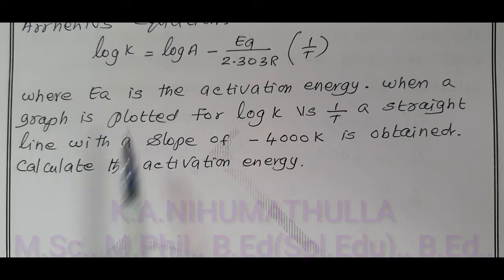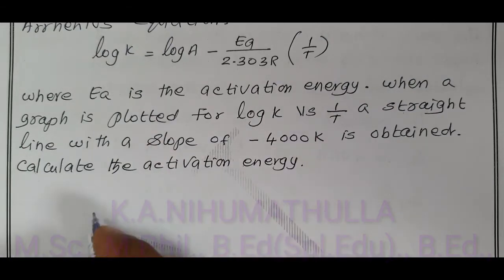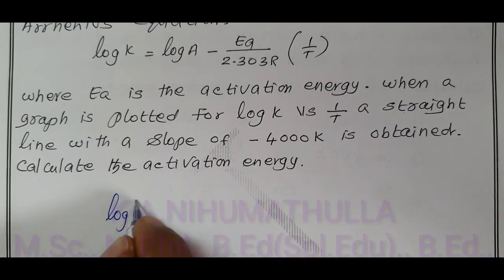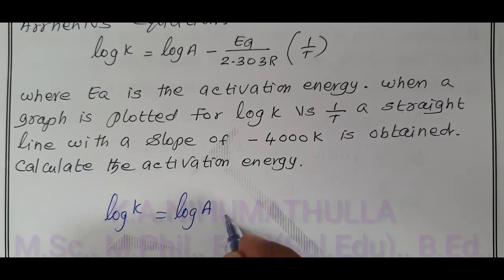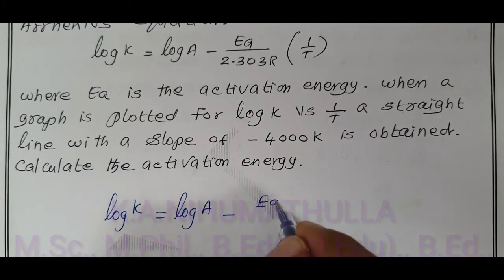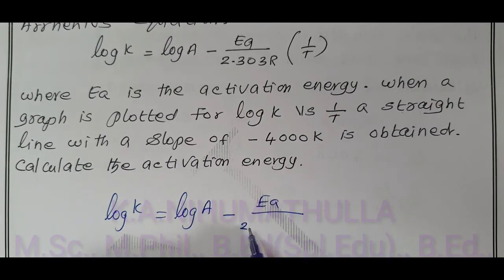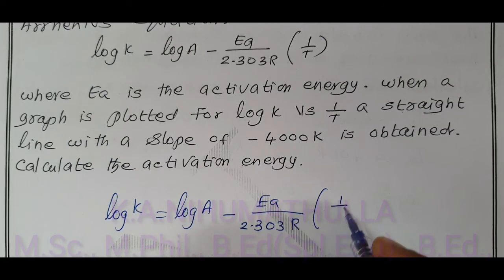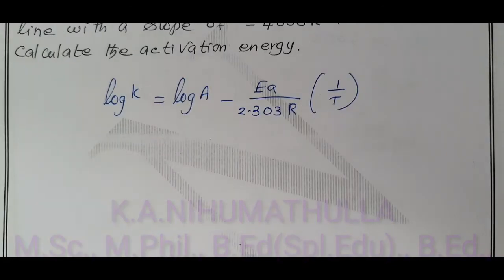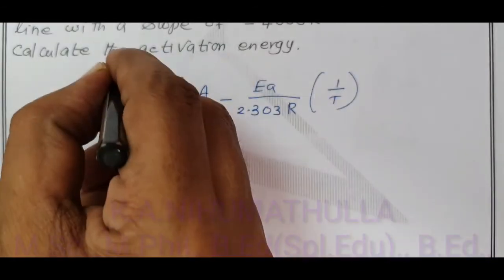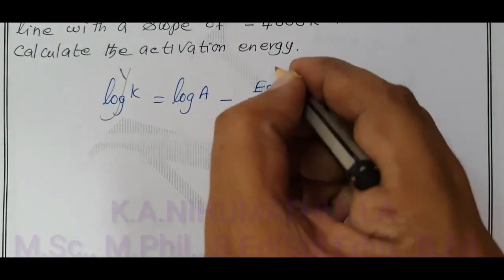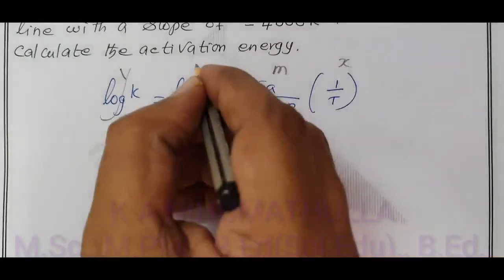First, I write this equation: log K equal to log A minus Ea by 2.303 R, 1 by T. This equation is similar to your straight line equation, y equal to mx plus c.